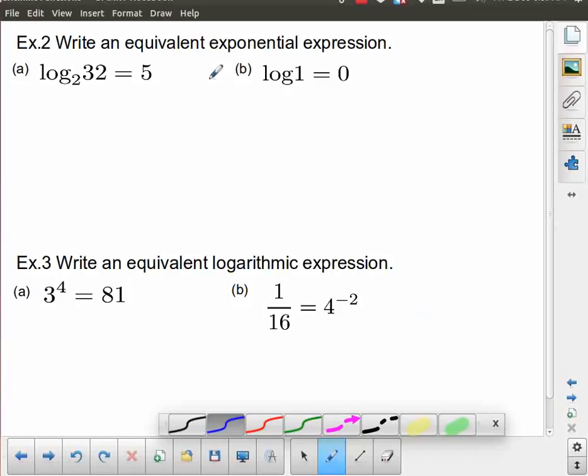Okay, so now we've been asked to write an equivalent exponential expression. To do this, what I want you to keep in mind is the relationship. There's two ways you can remember this.